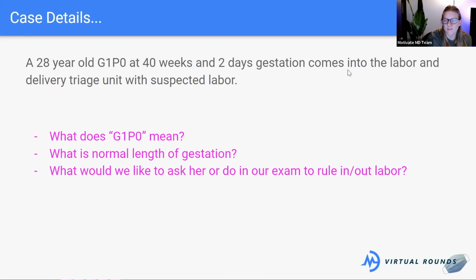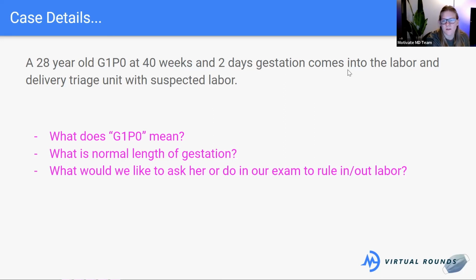Yeah, if she's having contractions regularly, that's one of the biggest signs of going into labor: regular contractions increasing in intensity. Maybe we'd want to ask her if she thinks her water has broken yet. We might like to see if she has any bleeding, or if she's still feeling good fetal movement.